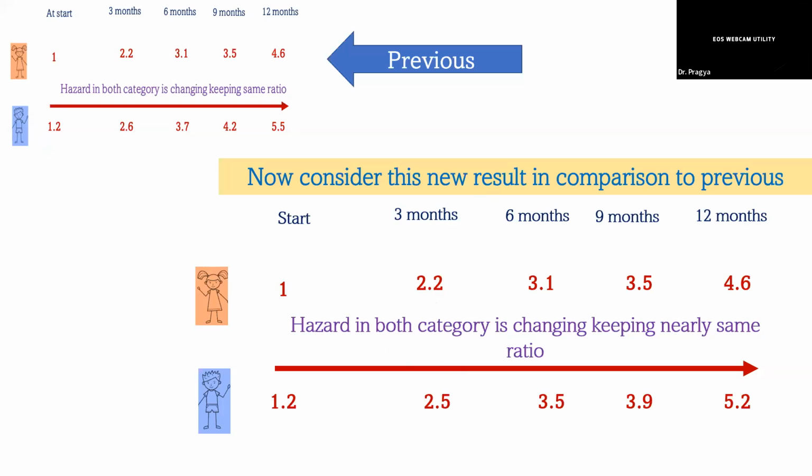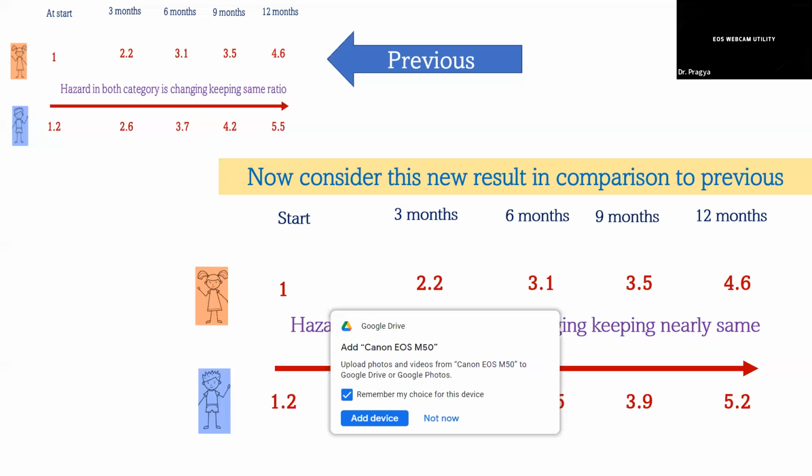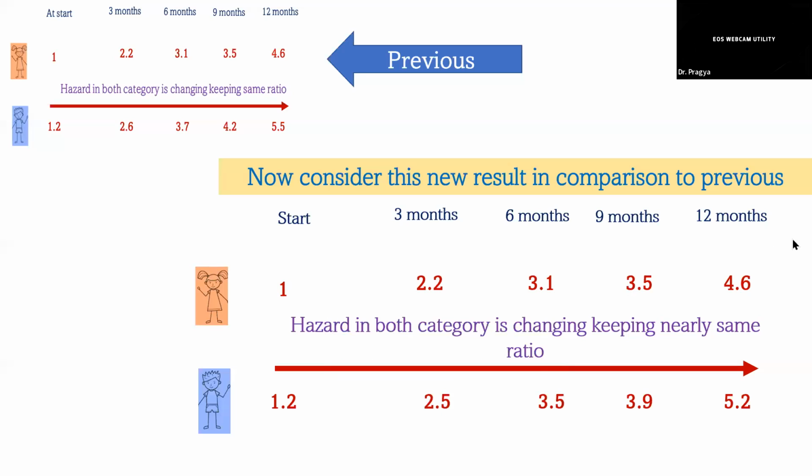Yes, let me see the chat box. So it is 1.19. After Nikhil, I cannot see. Yes, Lavanya is writing 1.13. What about this? If I ask you to point out at this level, what is the ratio of these two? 3.9 by 3.5.